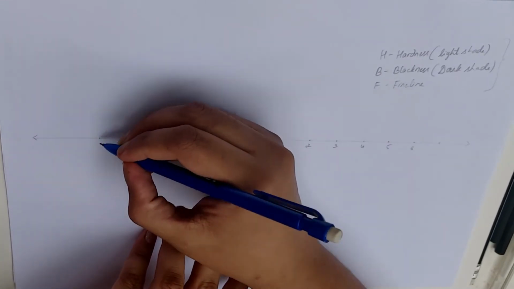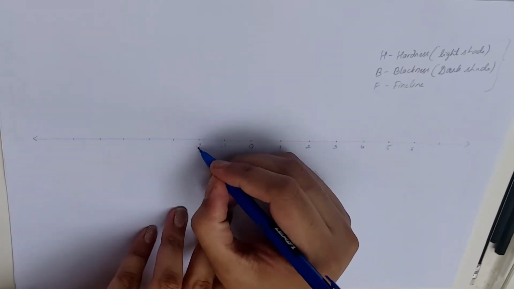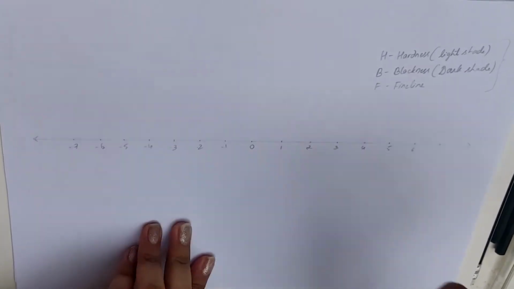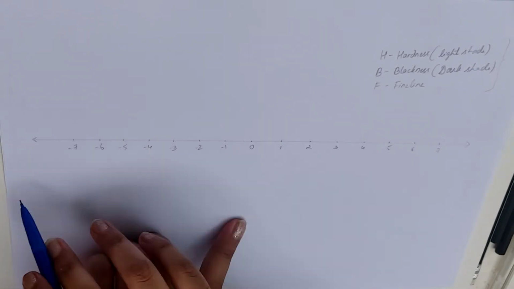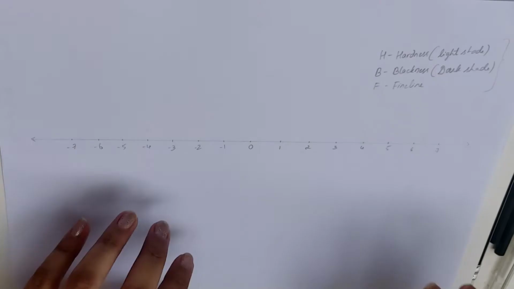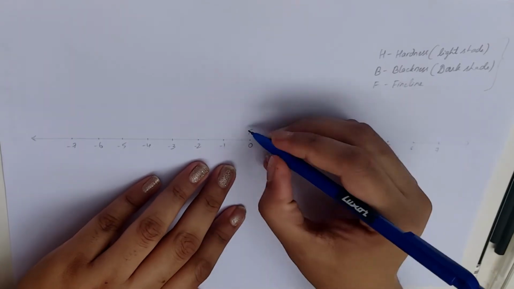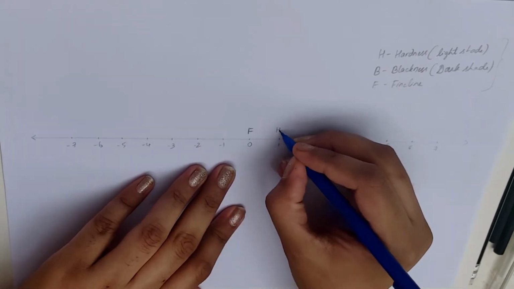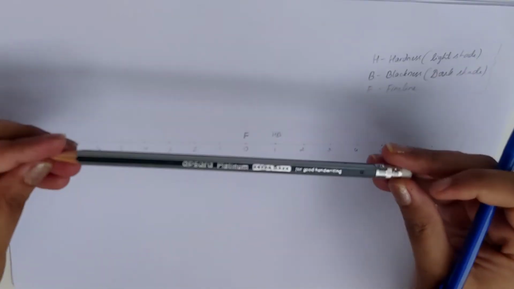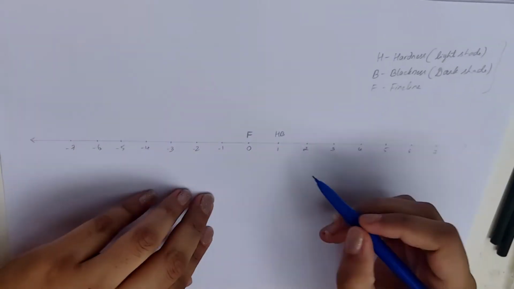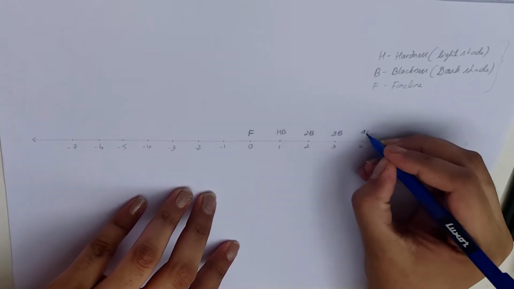Now let's see how the pencil range looks, which is quite like the time range. As I said, there is 0, with minus infinity on one side and plus infinity on the other. But the only difference is that here there is no minus infinity or plus infinity. So the minus range is called the H range and the plus range is called the B range. H means hardness, that is light shades.